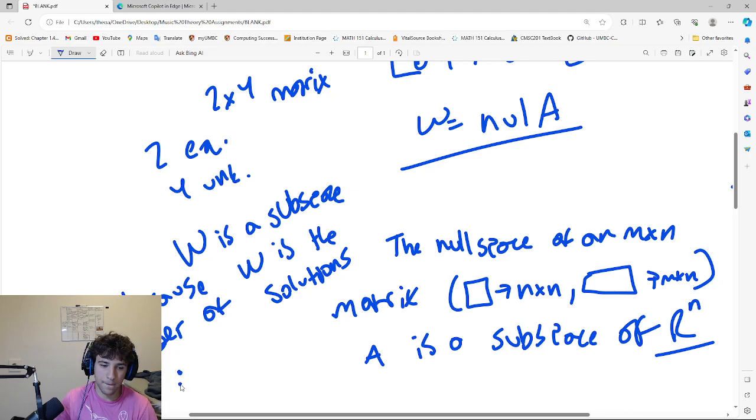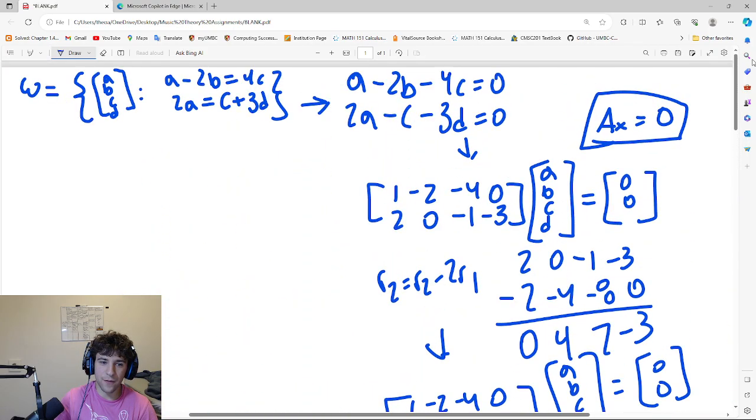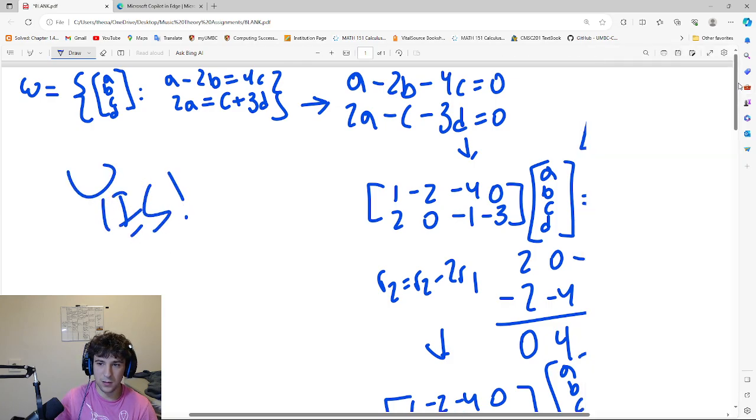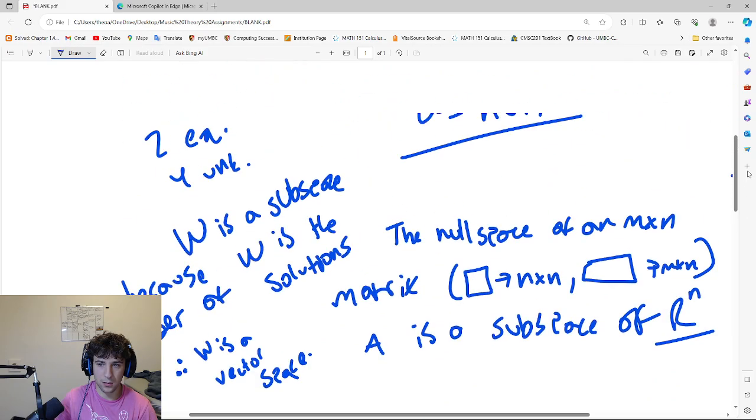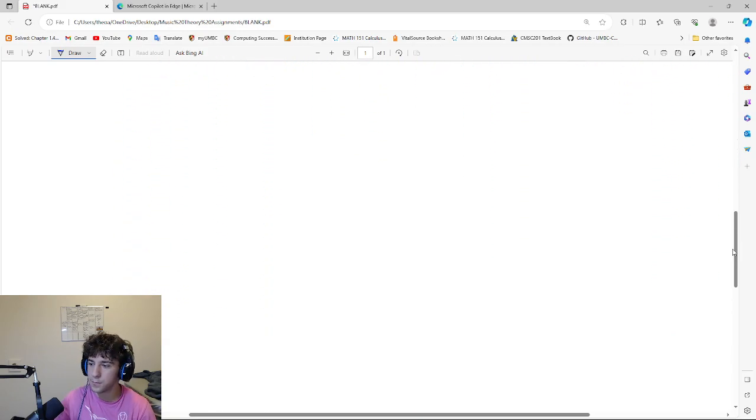Therefore, W is a vector space. So we have for our first question, yes, it is a vector space. Let's do another one.